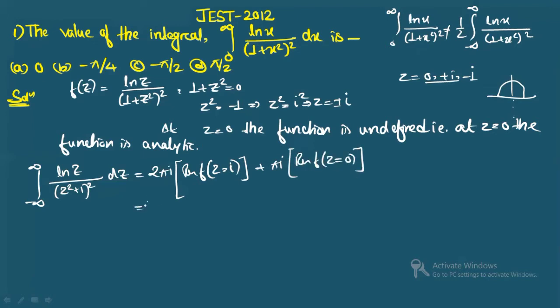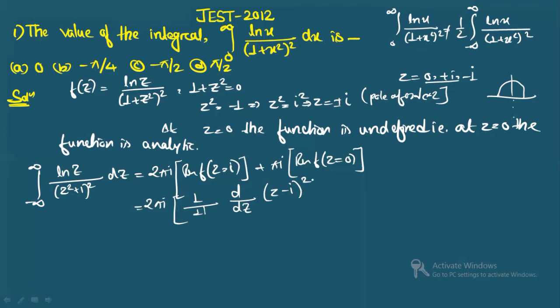All right. Now you see 2 pi i. So here z equals plus minus i is a pole of order 2. So how are we finding the residues of such? It is 1 by factorial (n minus 1), so it is factorial 1, and d to the power n minus 1, so it is d/dz of (z minus i) whole square, yes or no?